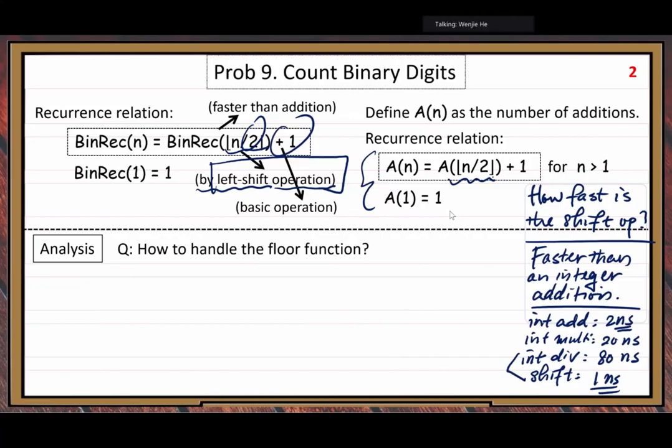There are 2 cases we need to consider. When n is even, the floor function has 1 expression, and when n is odd, it has a different expression. Although not too many cases, it is not very convenient to work on.